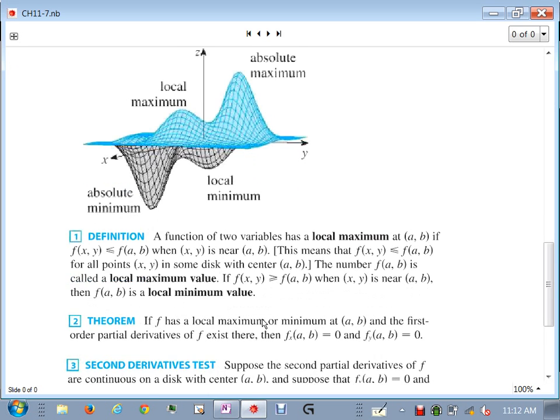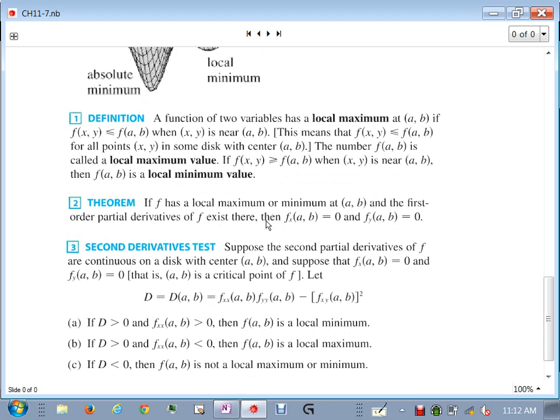Okay, then we have a theorem that tells us if f has a local maximum or minimum at some point (a, b), and the first order partial derivatives exist, so if we can take partial derivatives and those partial derivatives are nice functions, then the partials will both be equal to 0.